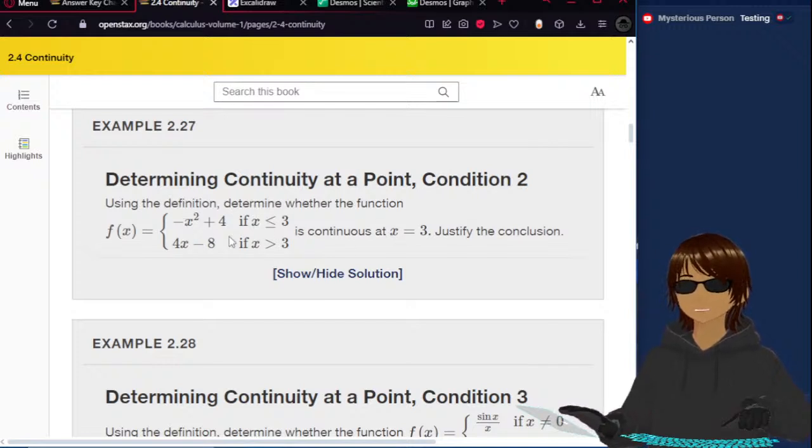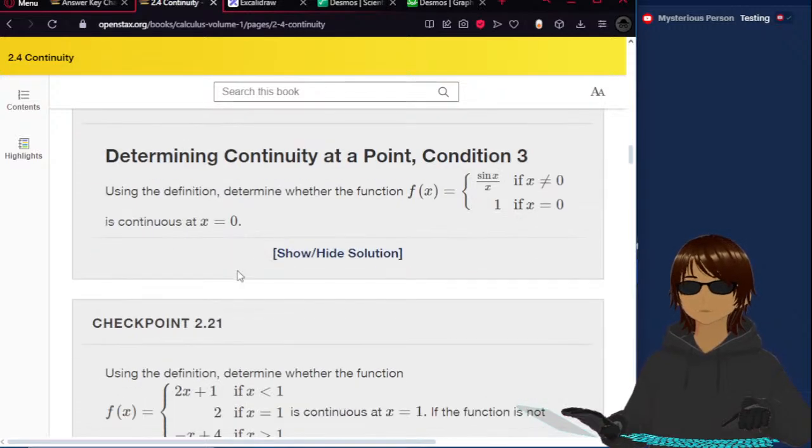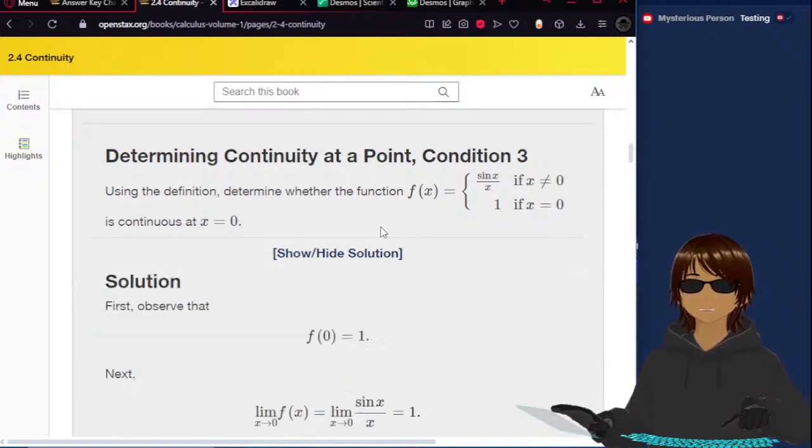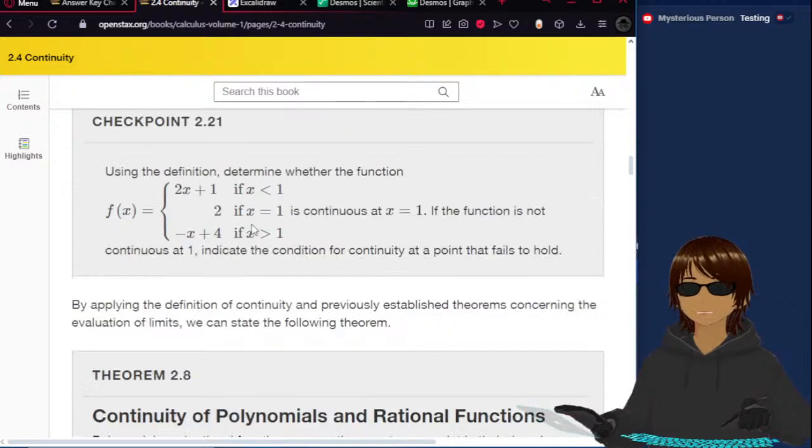And x equals 3. So 4 times 3 is 12 minus 8. It's 4, right? And then this is a minus 5, so it's not continuous. Is this 1? Forgot what this was. So it is continuous.